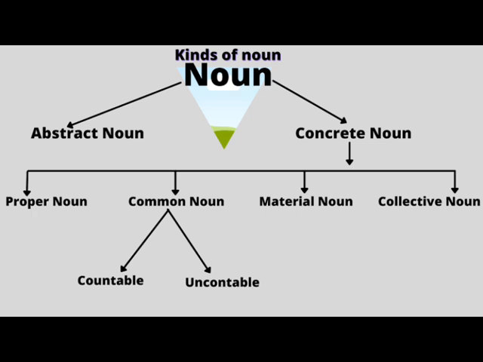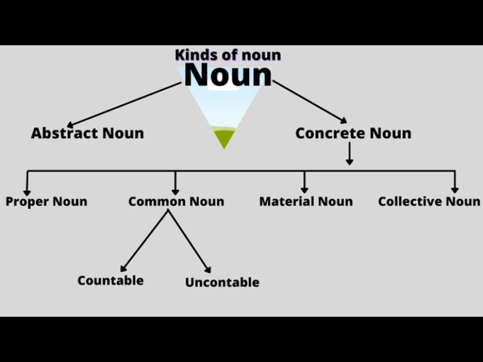So, nouns are divided mainly into two groups. The first one is an abstract noun, and the second one is a concrete noun. So here, as you can see, a concrete noun is divided into further groups. The first one is a proper noun, a common noun, material noun, and a collective noun.